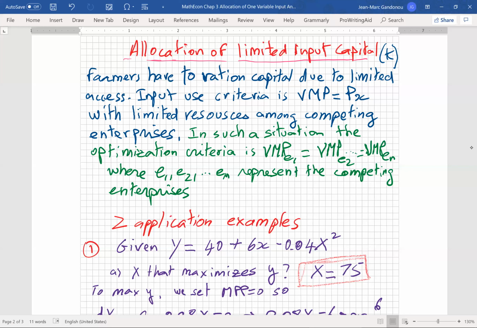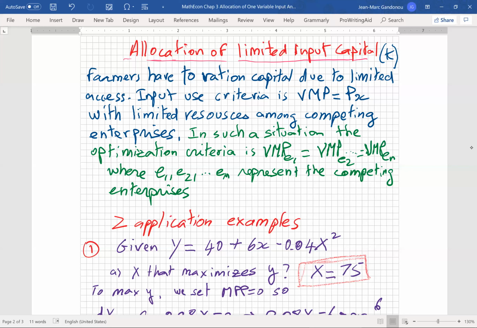So if a farmer does custom work, that is a different enterprise. If it produces corn, it's a different enterprise. And if you produce soybean or wheat, it's a different enterprise. So within the year, the farmer can have access to a limited amount of operating loans from the bank. The bank will not give all the farmer needs.